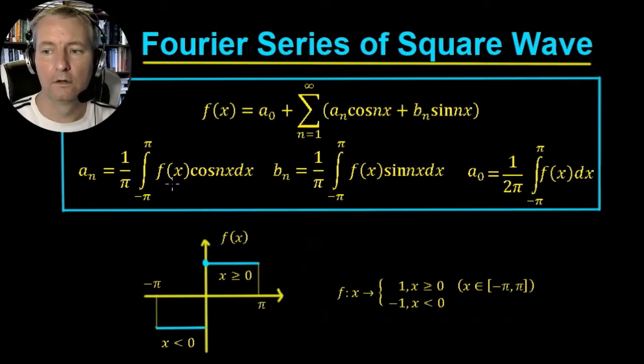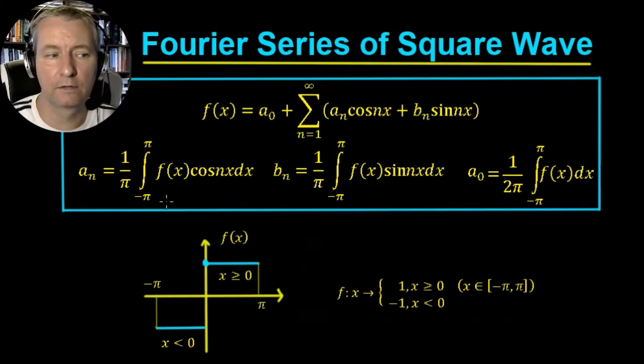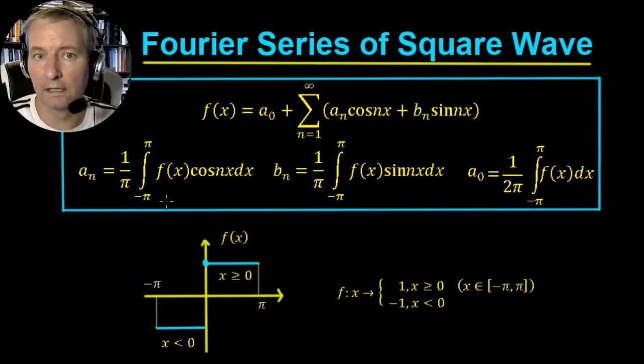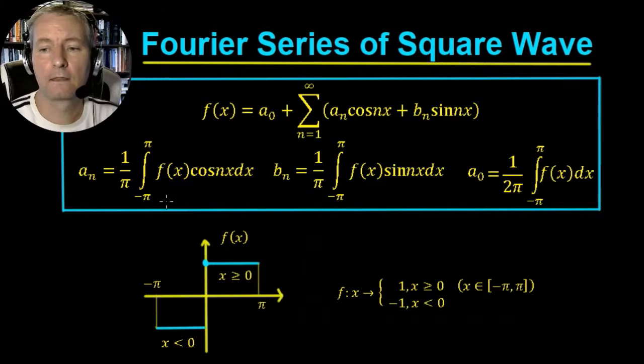And again, when we integrate that odd function symmetrically between minus pi and pi, we're going to get a value of 0. So we'll be left with the same situation we had here of integrating an odd function. So we can say straight away that all the ans are going to disappear. So we didn't need to bother going through the analysis of trying to find out what all the values for an are going to be.